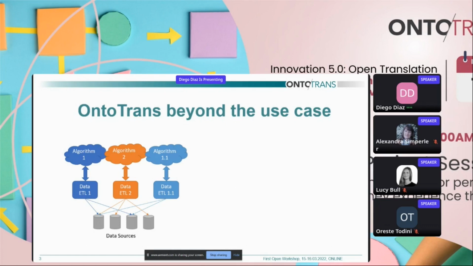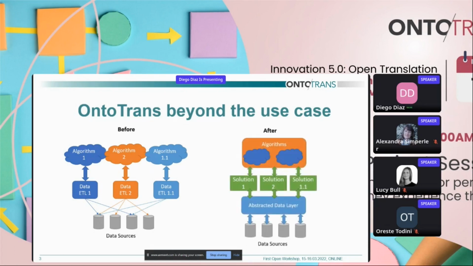And we see what OntoTrans proposes as a potential framework to reach a more organized way of doing this, in which the data is organized in a way that it's easier to understand. It's easier to get to it independently on where it is actually residing or how it was obtained.